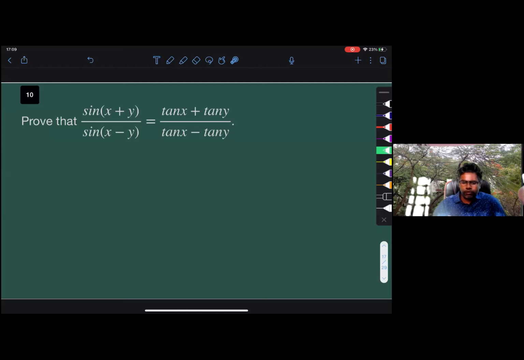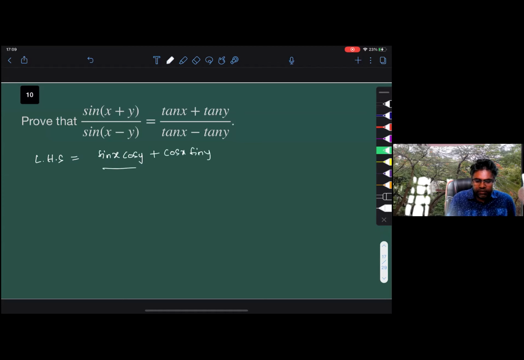Okay. So if you look at the left-hand side, you just open it up using the sine of x plus y and the sine of x minus y. So what do you get? You get sine x cos y plus cos x sine y, divided by sine x cos y minus cos x sine y.